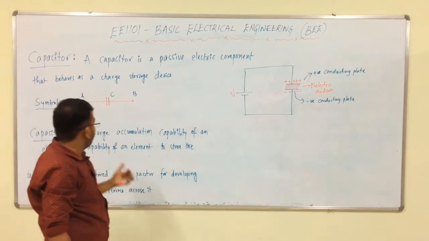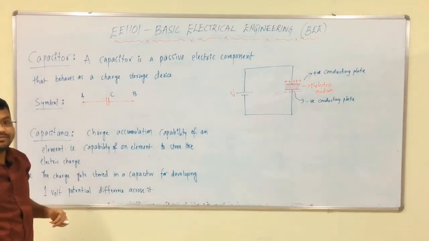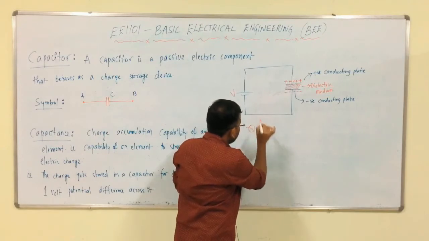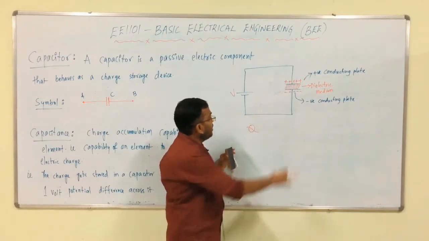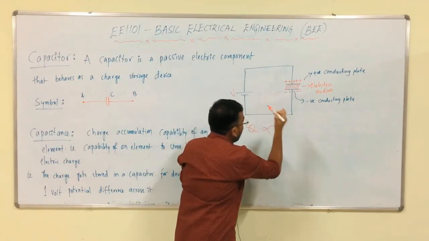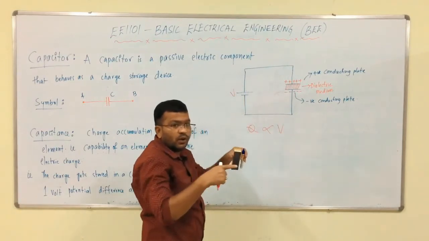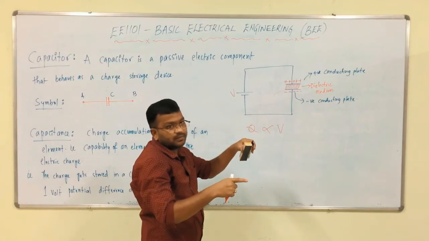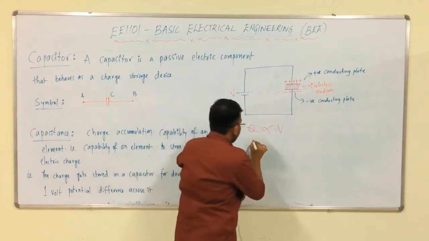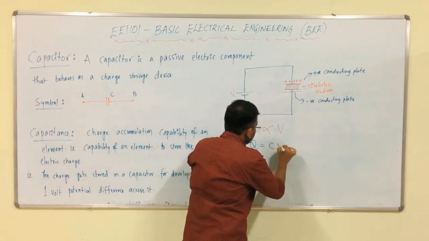That is the meaning of capacitance. The amount of charge that can be stored in the capacitor is obviously proportional to the amount of supply voltage that you apply across it. So, Q is proportional to V, so Q is equal to C into V.